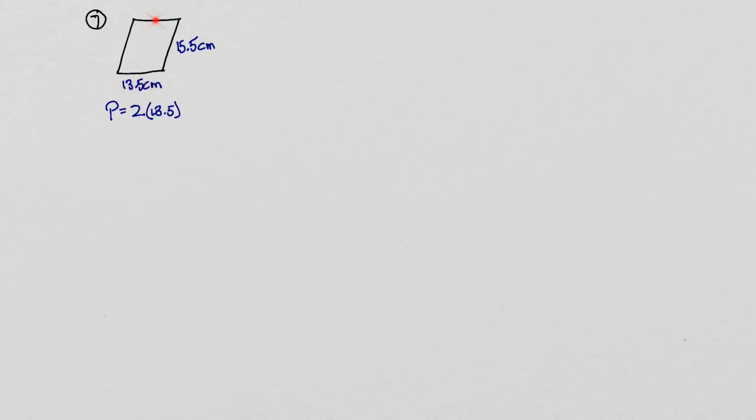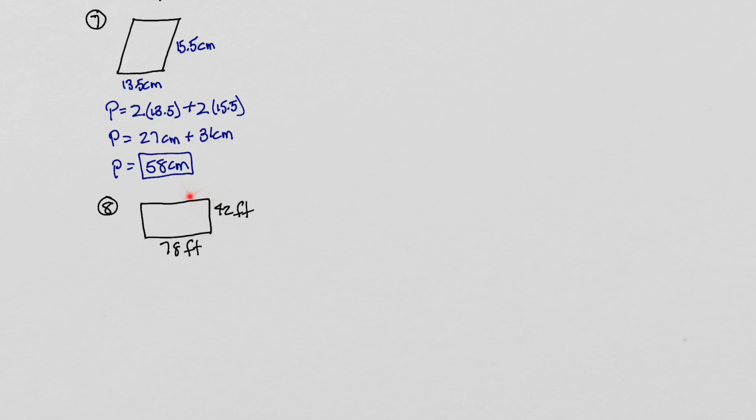We've got this one and this one, so we have 2 times those, plus 2 of those 15.5s. I left the centimeters off. So this is going to give us that the perimeter is 27 centimeters plus 31 centimeters, and when we add those together, we're going to get a perimeter of 58 centimeters.